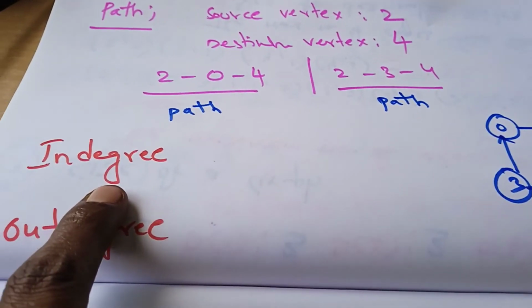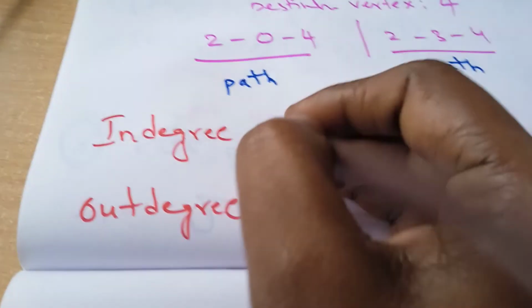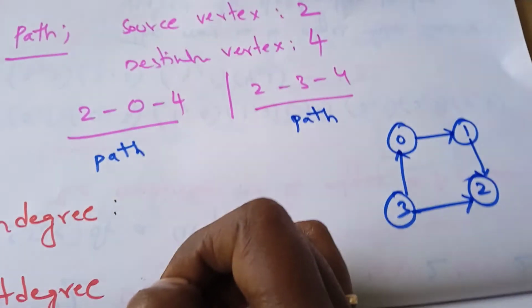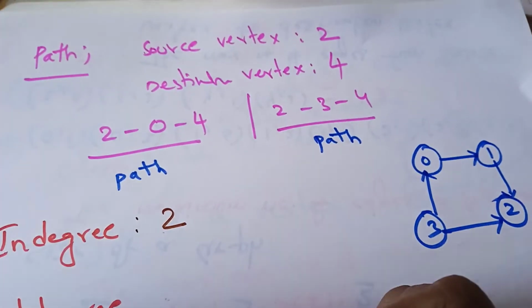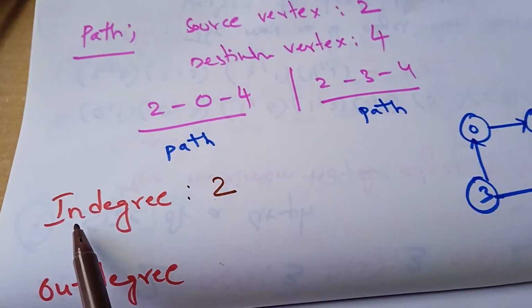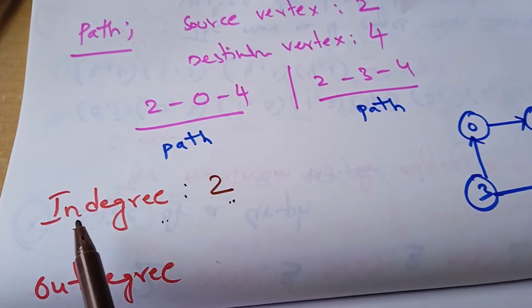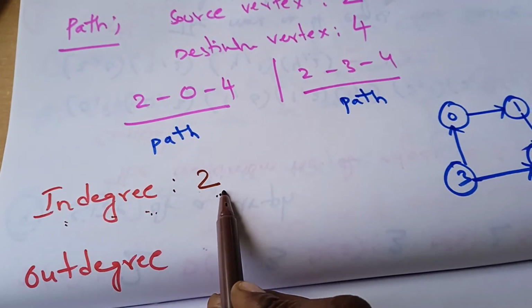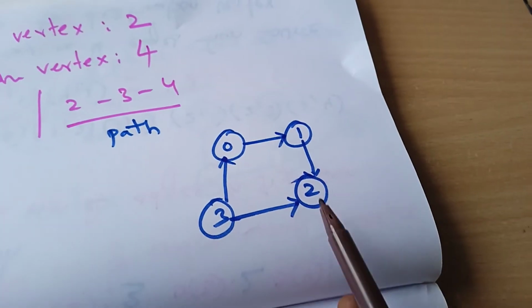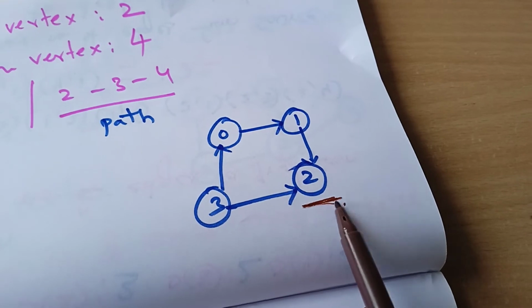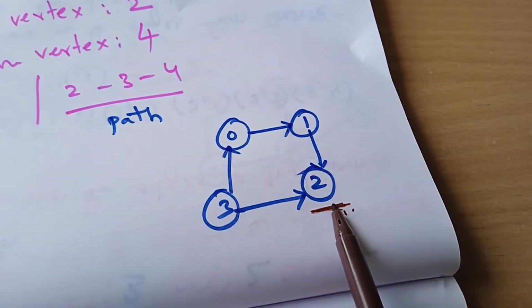Now what is in degree? In degree of a node. Now for example, I am taking 2. I want to calculate the in degree of vertex 2. Now look at this graph. This is the vertex which I am considering to calculate the in degree.